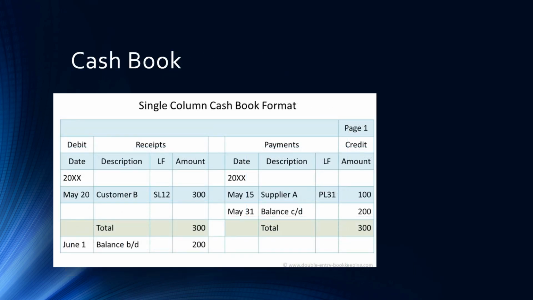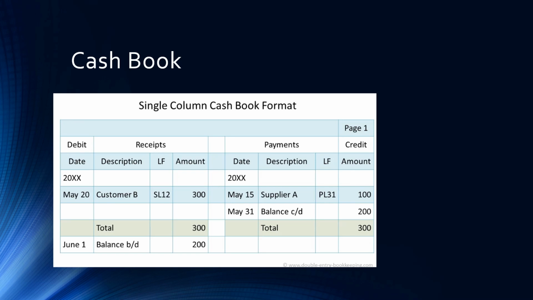Now, when you come to the cash book, we record the cash book in debit and credit format, right? Because as cash is coming in and cash is going out, we want to keep a record of exactly what's going on so that we can zero in on our balance, right?